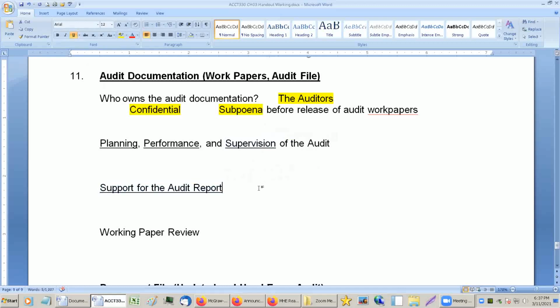Now, the work papers should support your audit report. So this is going to have all your evidence.